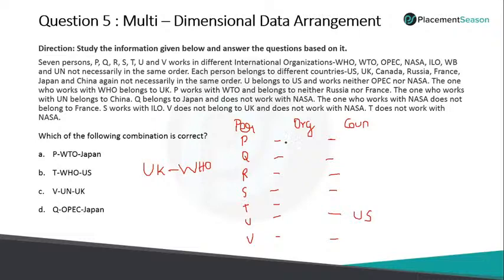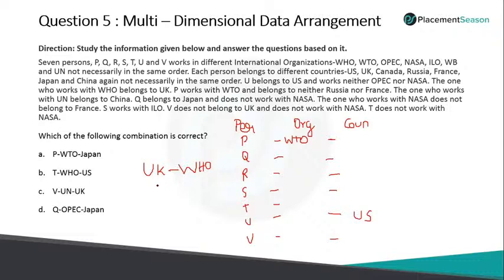Okay, so far it's clear. P works with WTO and belongs to neither Russia nor France, so I cannot fix Russia or France here, right? The one who works with UN belongs to China.